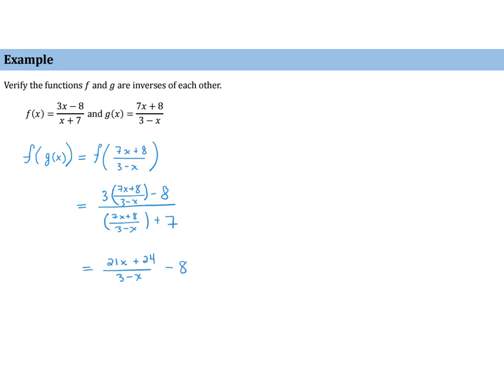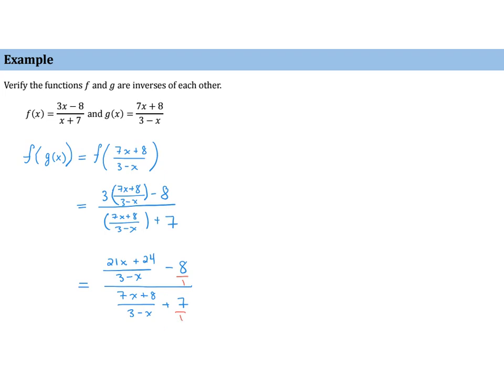That's going to then subtract 8, and that is all over 7x plus 8 over 3 minus x plus 7. So now, the best thing to do is think about this as 8 over 1 and 7 over 1. And then we're going to look at those four denominators: 3 minus x, 1, 3 minus x, and 1.